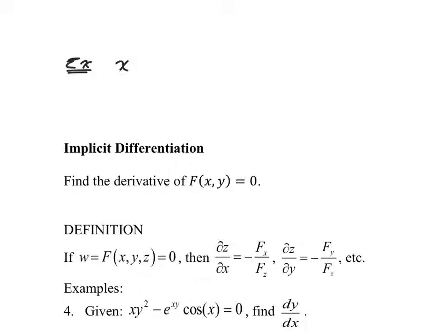Let's say you have x squared plus y squared equals 16. I'm just trying to remember what I have in my Calc 1 notes, high school calculus, AP calculus, it's all the same. Find dy/dx. I think that's the problem. If you're to find the derivative of this, you'd have to use implicit differentiation.